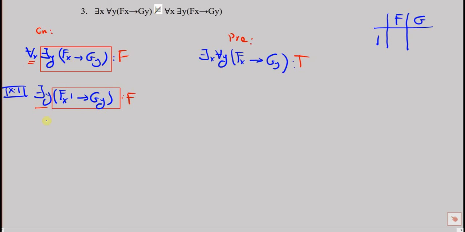So at this point, again, there is only one value for the y. So I need to make sure that fx1 arrow gy1 is false. And to do that, we need to make fx1 true, gy1 false, right?